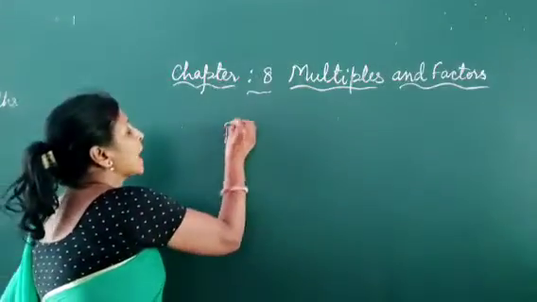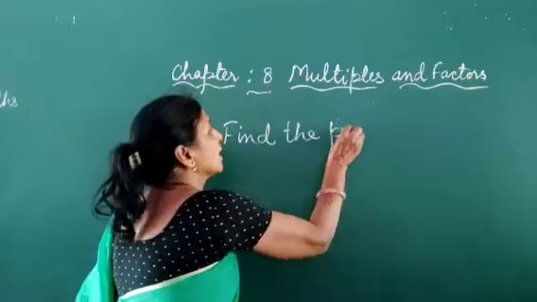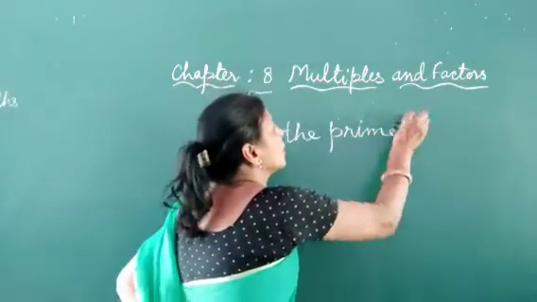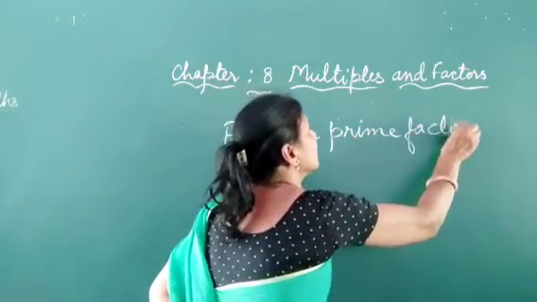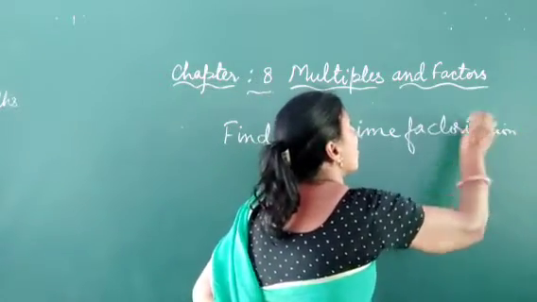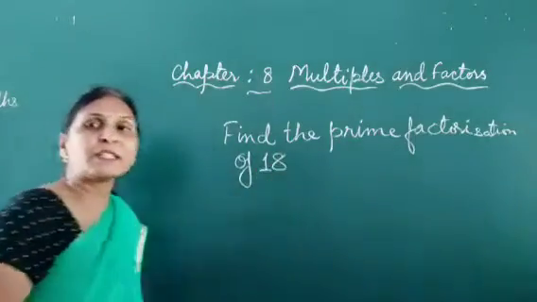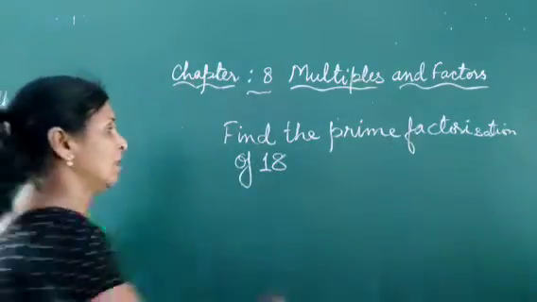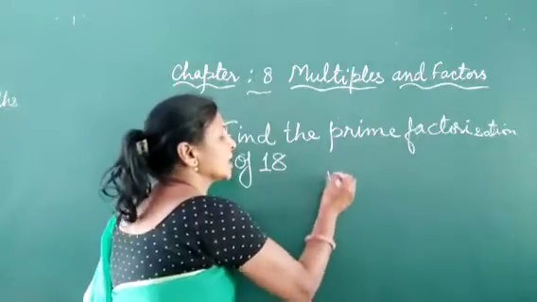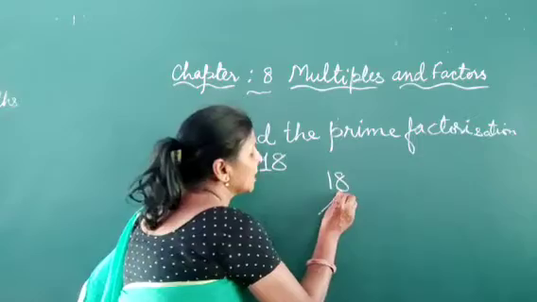Find the prime factorization of 18 by factor tree method. First we write 18, then we split 18.